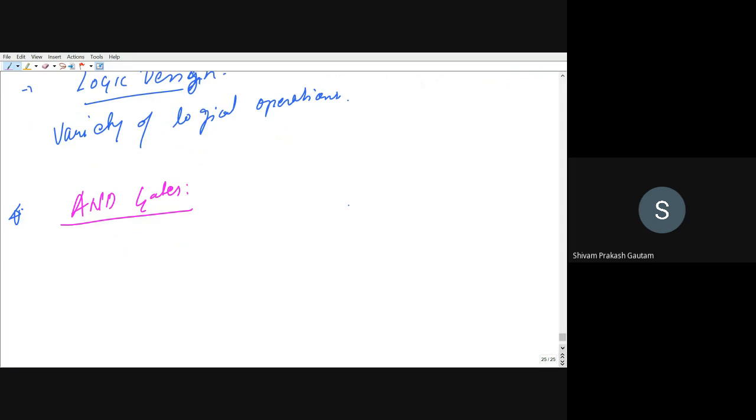So, AND gates. There are two parts which I will be dealing with while giving you the different types of gates. First one is the logic symbol, and then its truth table. Logic symbol means how it is designed, or how you can represent that in terms of a block diagram, because there are various gates and each gate has its own logic symbol, right? These gates are made from transistors or diodes that you might have studied in your first year.